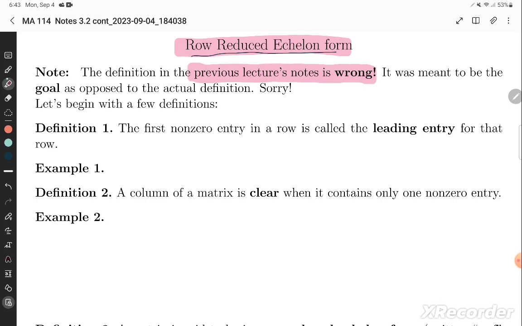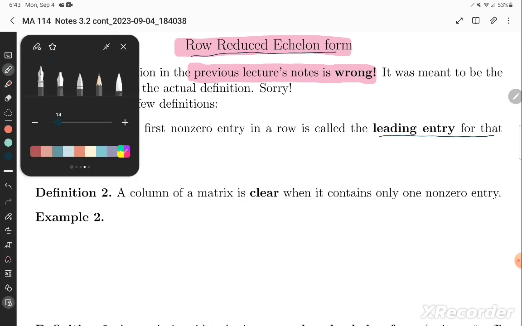The first definition we have here is what it means to have a leading entry in a matrix. Or I should say the leading entry for a row in a matrix, because leading entries are things that rows have. So notice it's called the leading entry for that row. Rows have leading entries and matrices have rows.